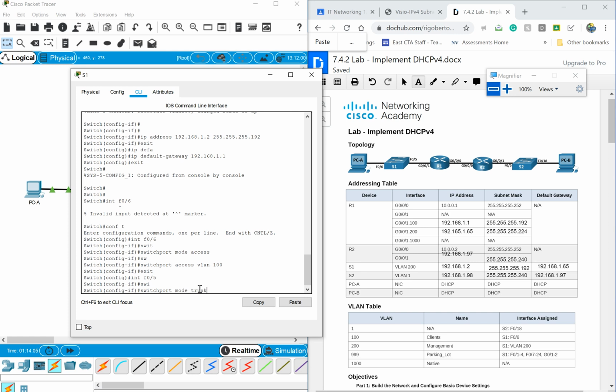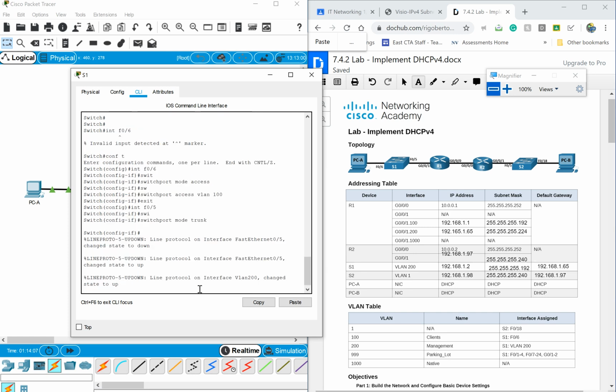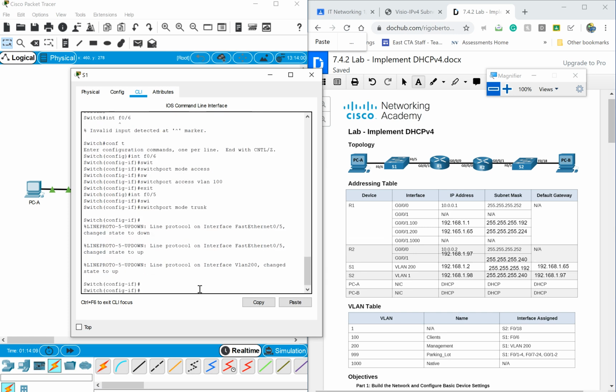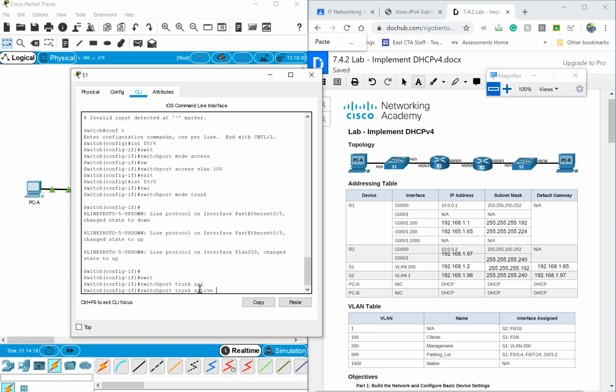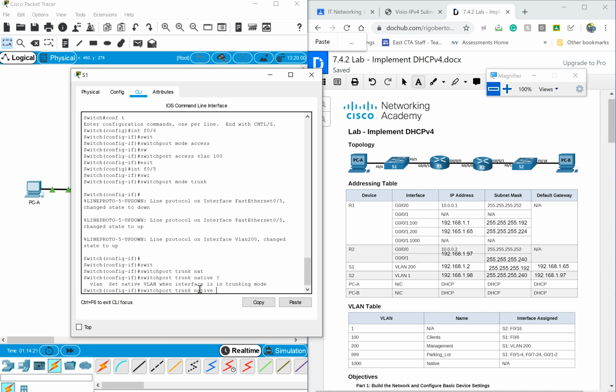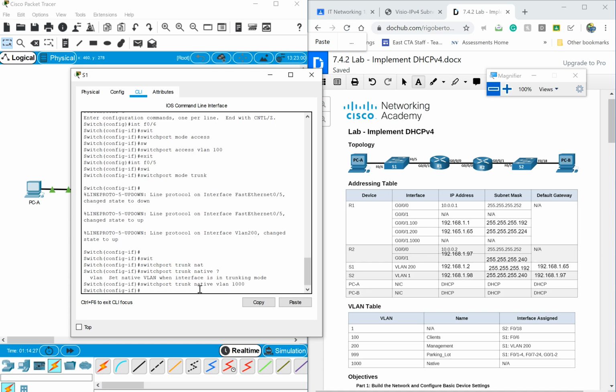It has to be a trunk because we're doing inter-VLAN, right? Switchport mode trunk, and then switchport trunk native VLAN. Yeah, VLAN 1000, not 10,000.